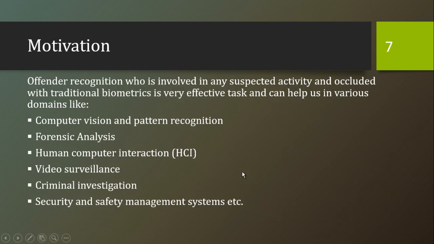These are the possible areas where periocular biometrics can play a major role, like computer vision and pattern recognition, forensic analysis, human-computer interaction, video surveillance, criminal investigation, security and safety management systems, etc.